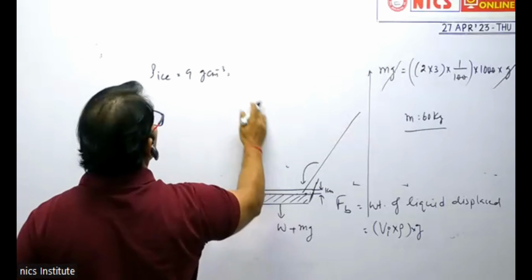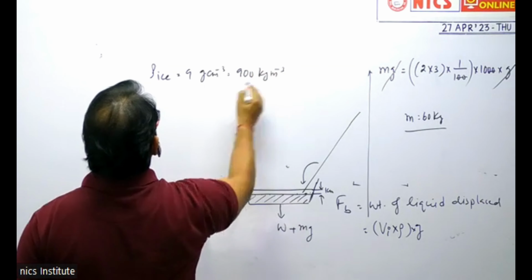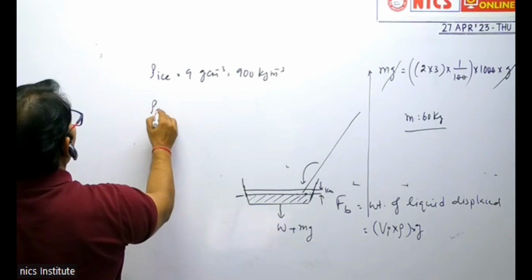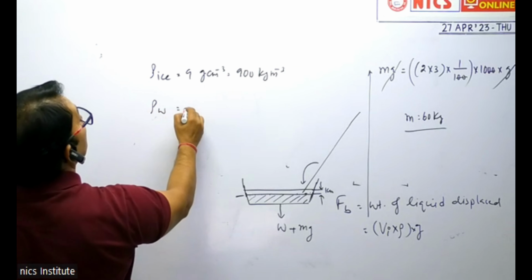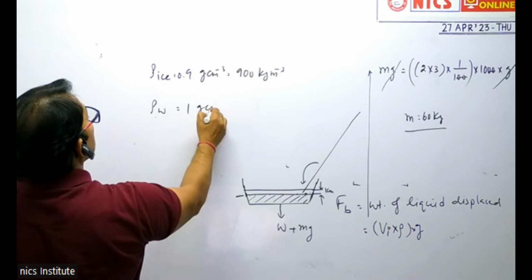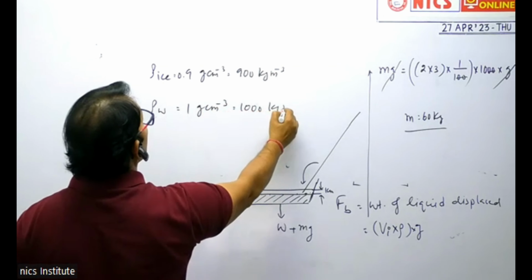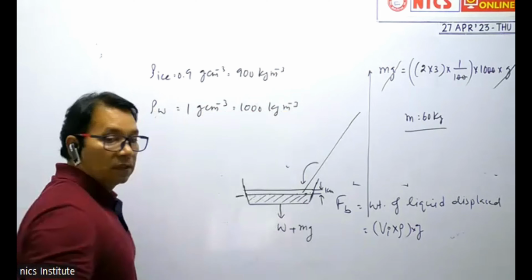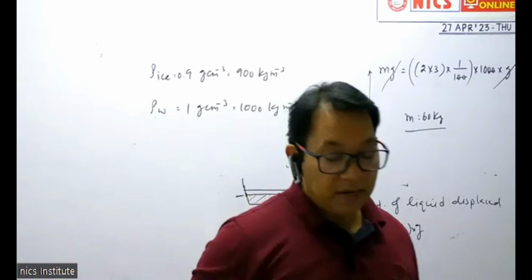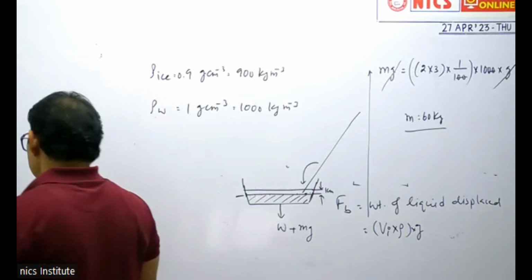Whereas the density of water is 1 gram per centimeter cube, or 1000 kg per meter cube. So ice is lighter than water.